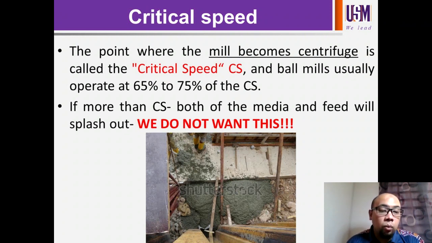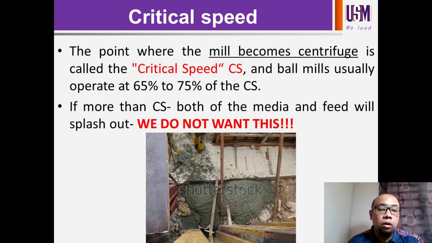So when you operate the milling machine, the speed you can use is about 65 RPM to 75 RPM. Why is this speed very important?